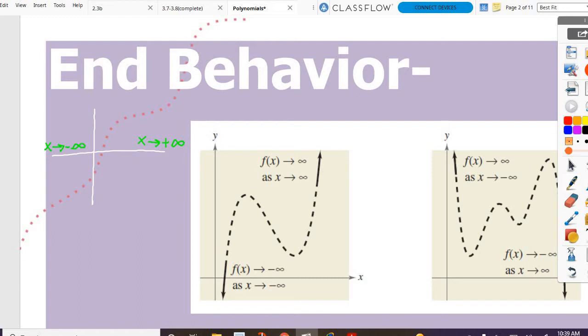Negative infinity, right? Because my x values would be getting smaller and smaller as we go to the left. So as we go up, what are our y values or f of x values going towards? Positive infinity. And as we go down, negative infinity. So basically, you're just looking for the combination of your x and your y for that arrow.